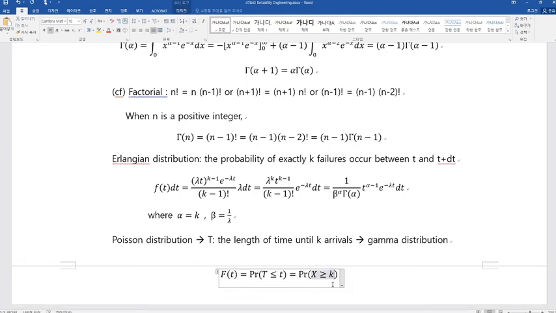So this time, the CDF F(t) is given as, because t is the time until the kth arrival comes, and that time t is smaller than the time of interest. That means until this small t, there must be at least k arrivals, and maybe more than that happened.